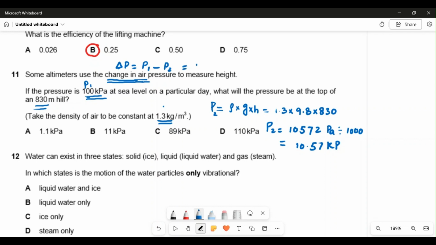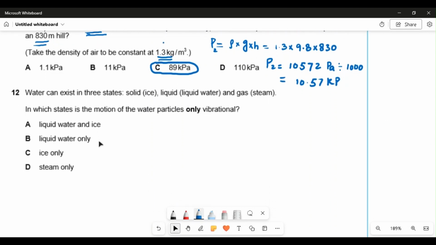High pressure is 100 kilopascal, that is at the sea level, where at the height it is 10.6 kilopascal. So when you subtract 100 minus 10.6, it gives me 89.4 kilopascal, and in two significant figures 89.4 will be converted into 89 kilopascal.